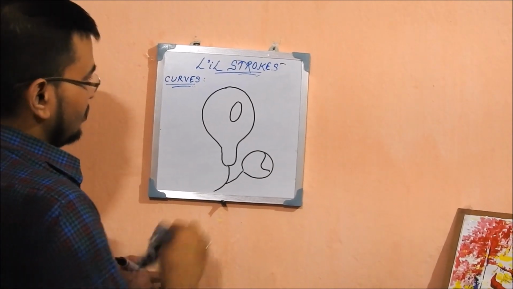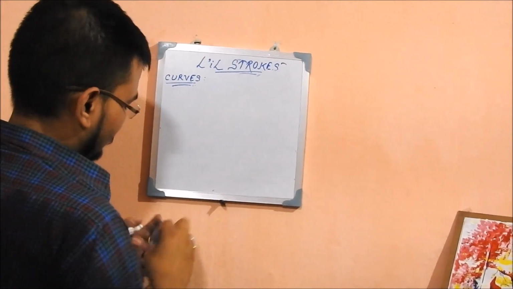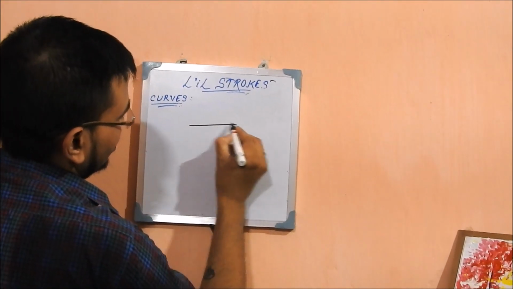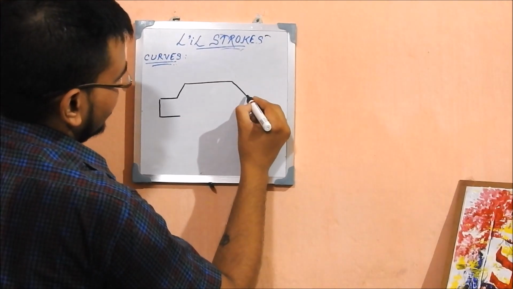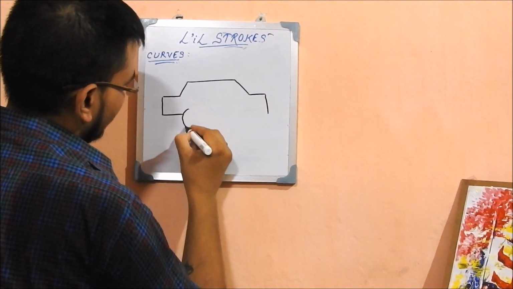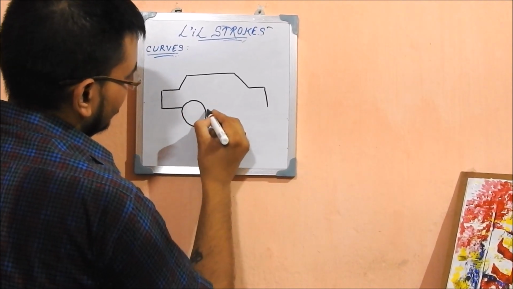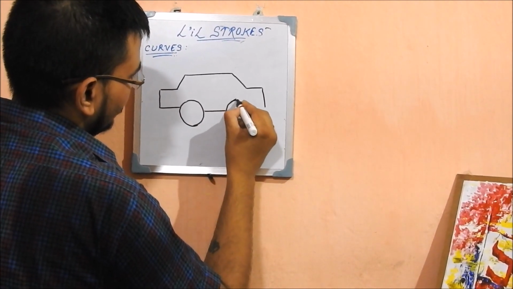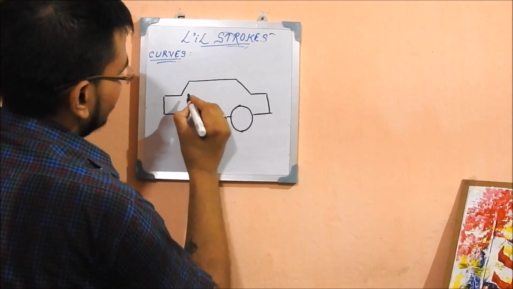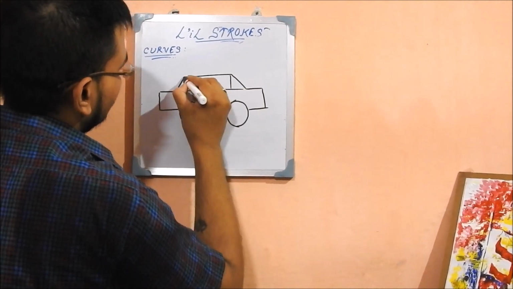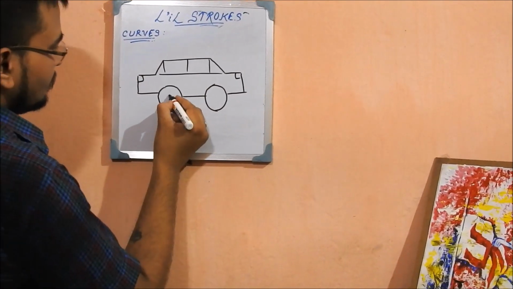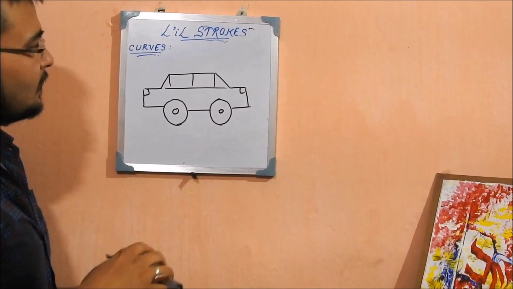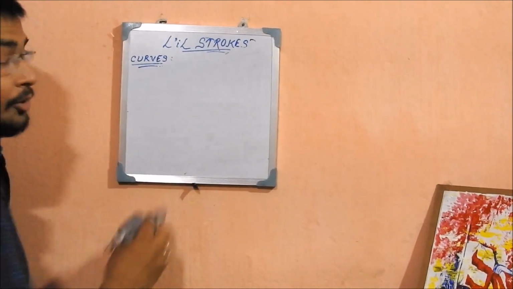You can draw a car. These are all straight lines. Now here comes the very small, so basic drawings you try to draw.